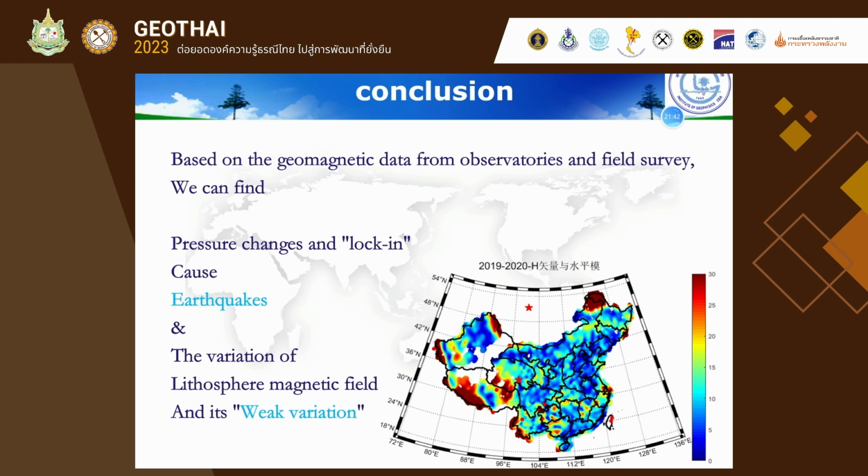We can find pressure change and locking, and this change may cause earthquakes and also cause variations of the source field magnetic field, and this weak variation can have some relationship with earthquakes. That's all. Thank you so much, Dr. Chen.